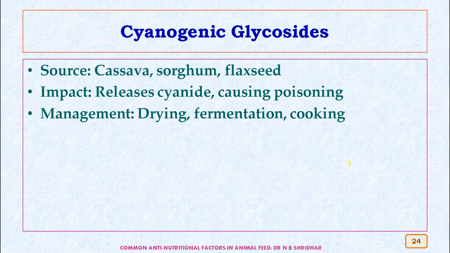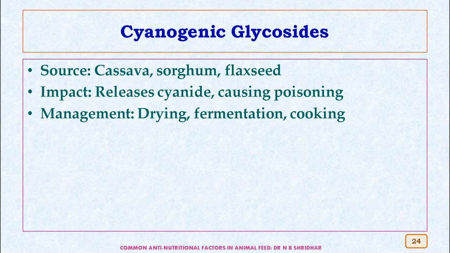Then cyanogenic glycosides, already we have dealt with them. They release the cyanide causing acute, subacute, chronic, and small quantity poisoning, which is a very common trend, especially in the case of animals.